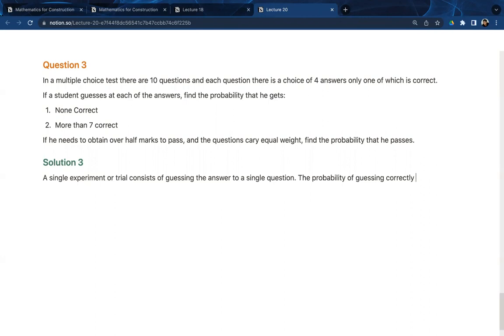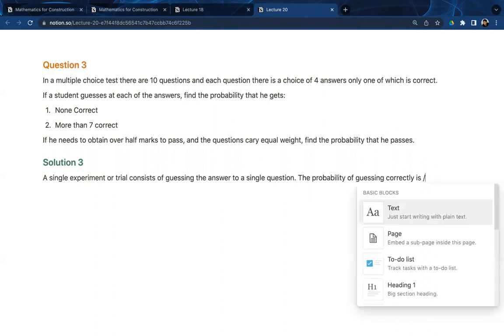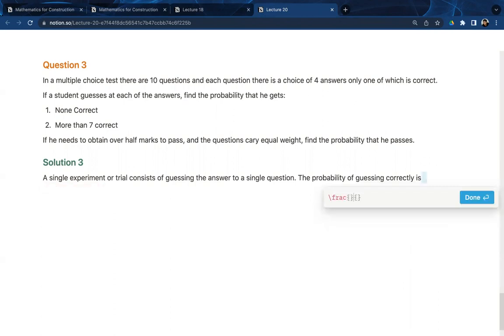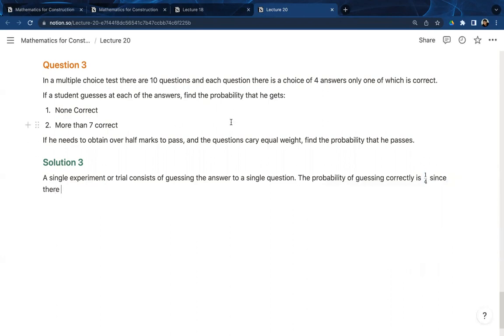The probability of guessing correctly is 1 over 4, since there are 4 answers, only one of which is correct. So for one question, the probability of guessing correctly is 1 over 4, right? So that's a single experiment.